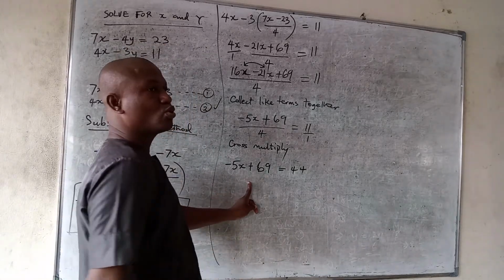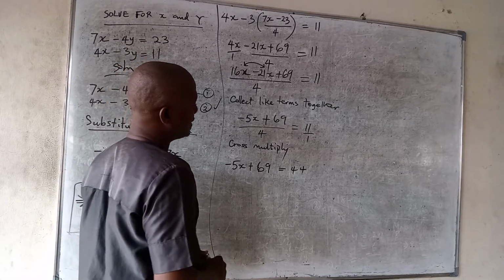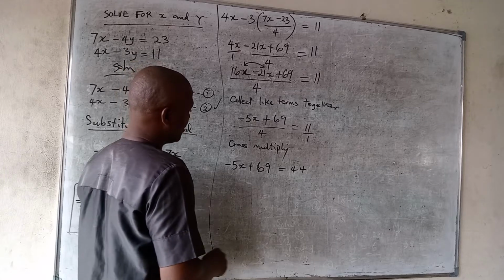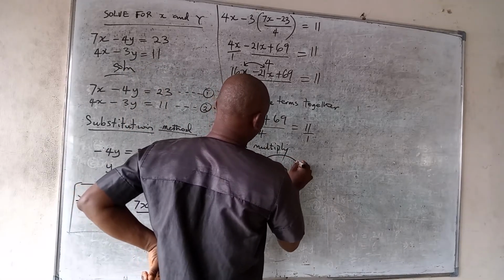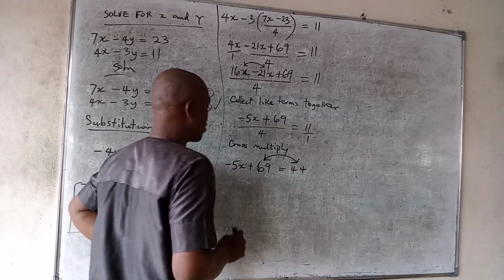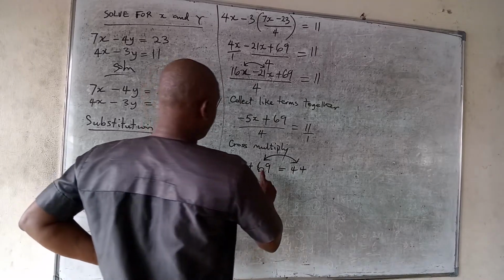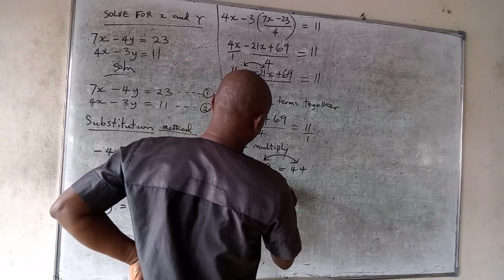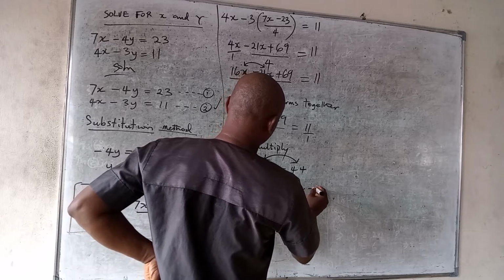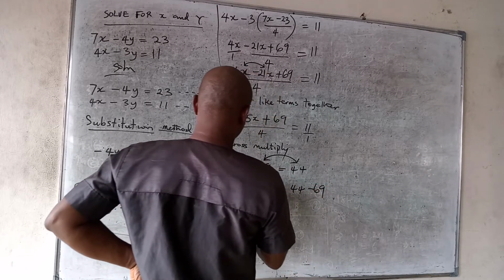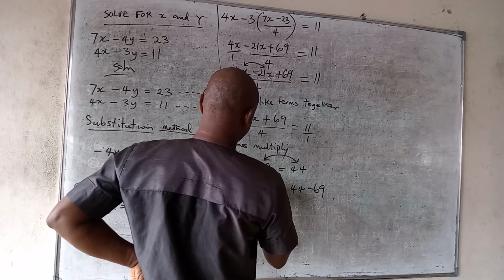So the next thing to do is to collect like terms together. As you can see, these are numbers, they could be collected together. If this one goes over to this side, it becomes 44 minus 69, and you have 5x.